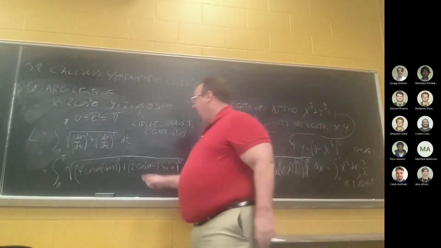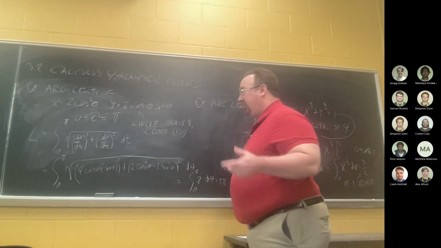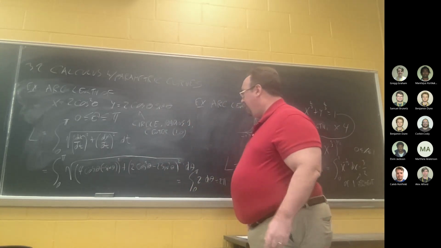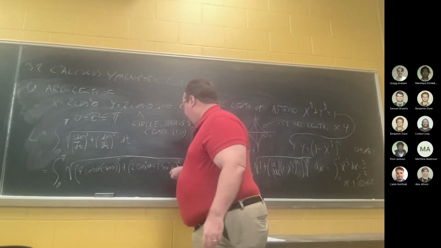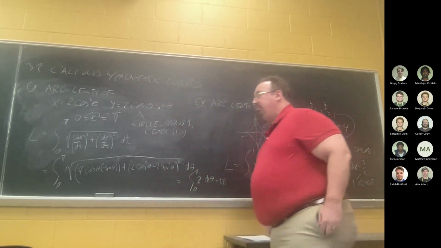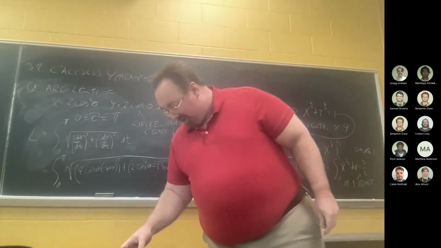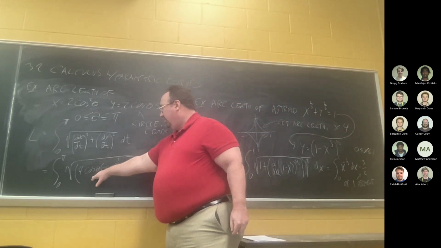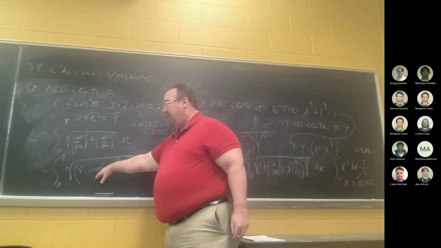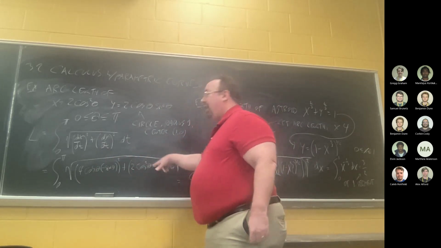Now, like I said, you could expand all this out and simplify using cosine squared plus sine squared equals 1. But can anyone tell me, just looking at these expressions inside the squarings, what trig identity could be used right here to get something simpler? Yes. Both double angle formulas. This works out to be 2 sine 2 theta here, or minus that, and then this is 2 cosine 2 theta.